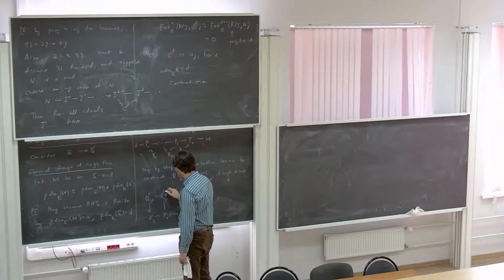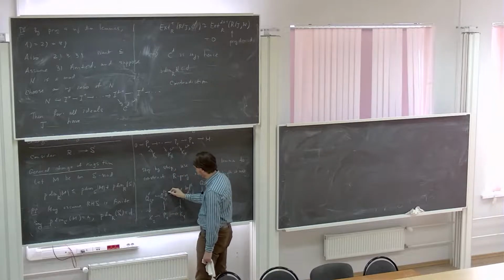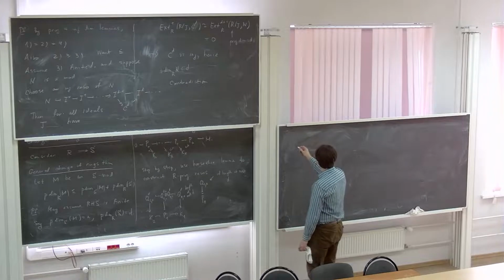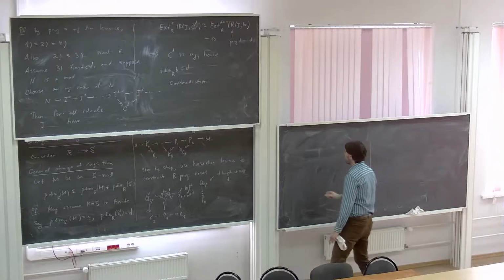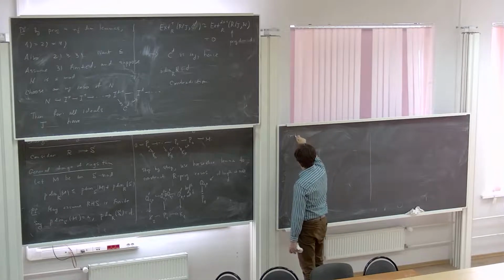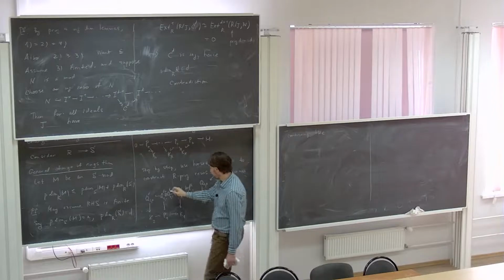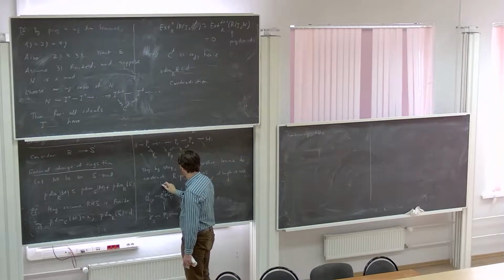So I'll write a plus with a tilde on it to say that it's not quite the direct sum of complexes because there's an off-diagonal term. Okay. So I can continue like this. This is what I call Q1 dot.